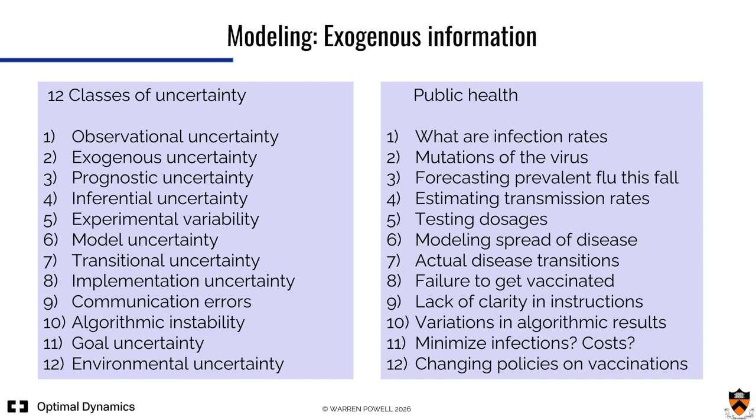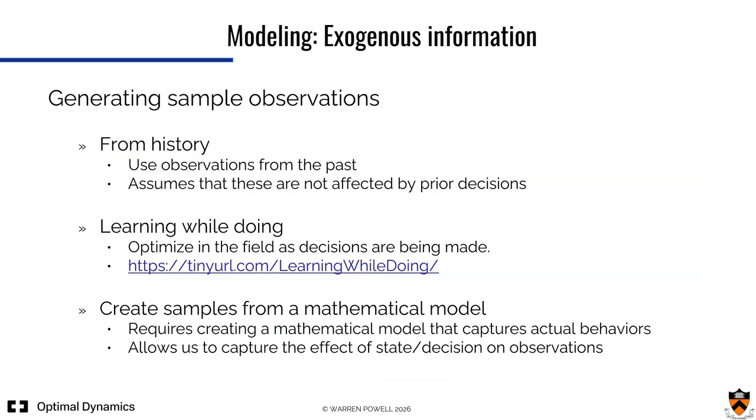And I can go down each one of the classes and say, okay, what are examples of uncertainty? And when I say uncertainty, what I really mean is exogenous information that falls in that category. Chapter 10 of my big book, Reinforcement Learning and Stochastic Optimization, has an extensive set of examples on this.